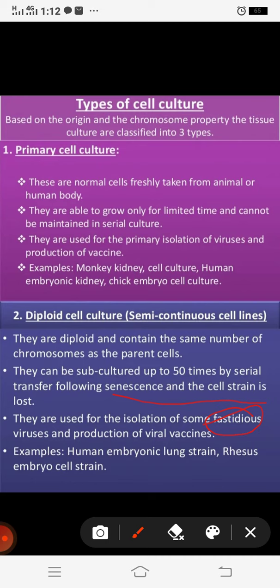If we provide these requirements, only those bacteria and viruses will grow on that media. So diploid cell culture is used for the isolation of some fastidious viruses and the production of viral vaccines. Human embryonic lung strain and rhesus embryo cell strain are examples.